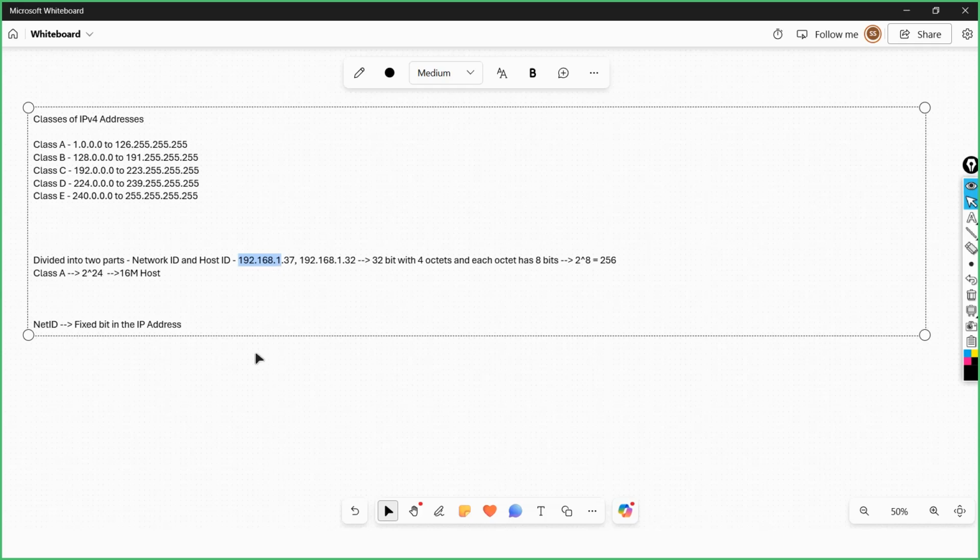So a network ID, also known as net ID, is a fixed bit in the IP address that will represent the entire network of any host. Whether the host is his phone, whether the host is his computer, whatever the host is, the network ID will be the fixed bit and it will represent the entire host. That is, the network ID will tell you which network the host is connected to.